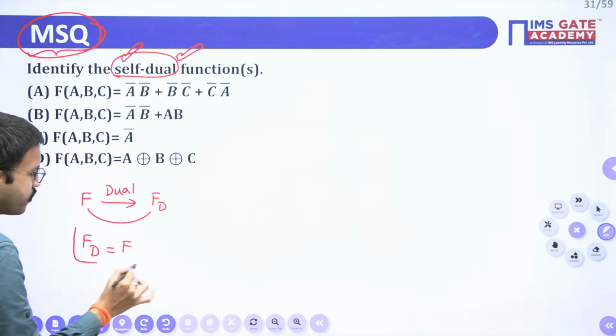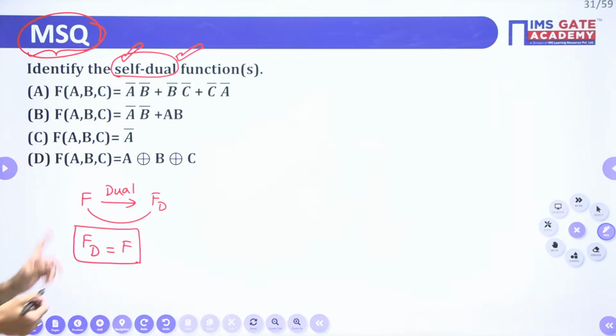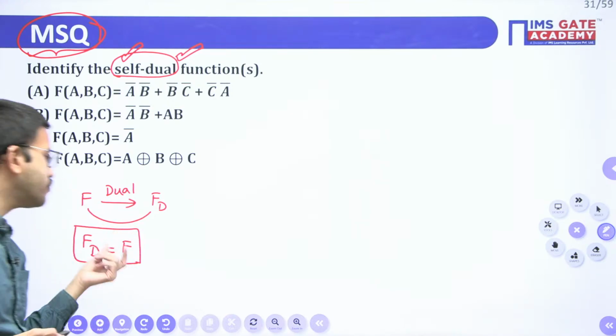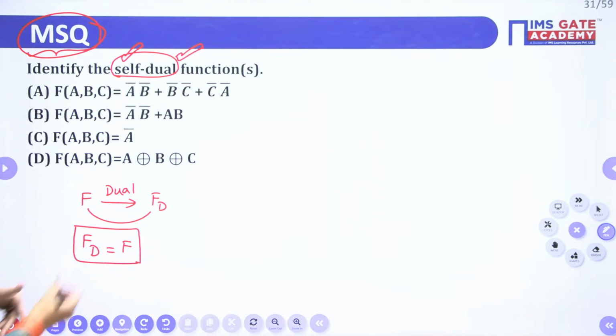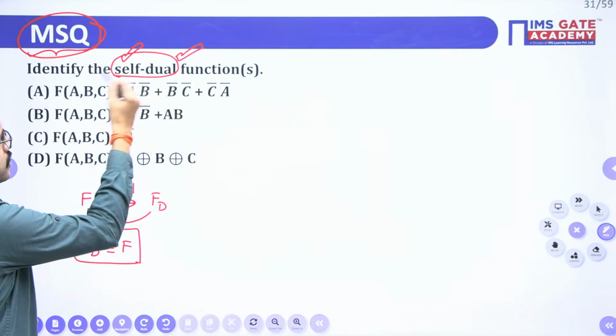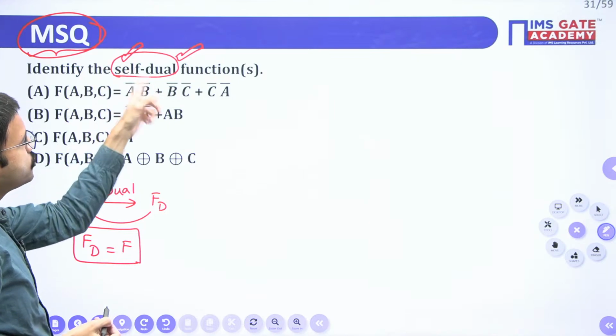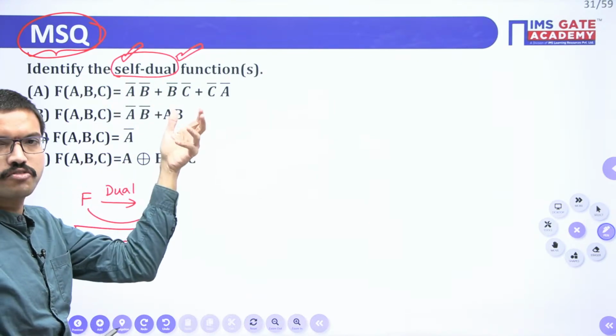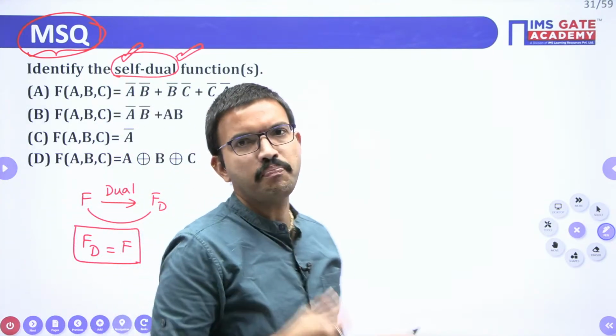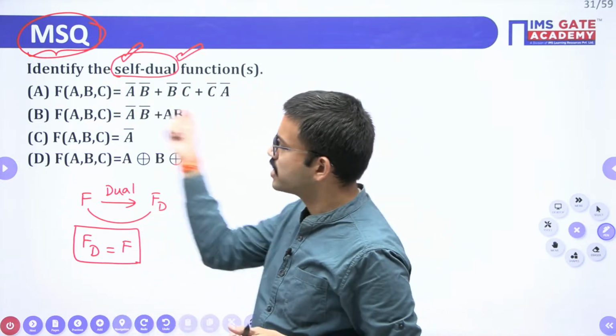For a given function, if after applying dual you are getting the original function as it is, then the dual function and the original function are both same. That's why we are calling that particular function self dual, in other words the dual of that function is itself. In simple words, the dual function is nothing but the given function itself.